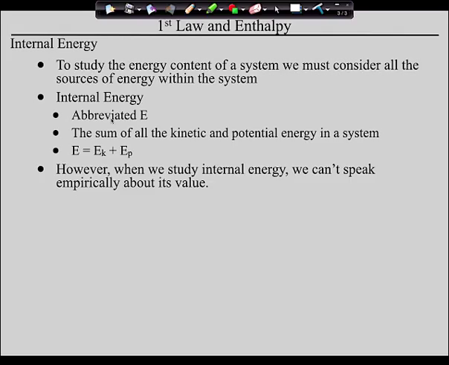Internal energy is tricky. You cannot directly measure it. So we'll sort of play with why in a minute.